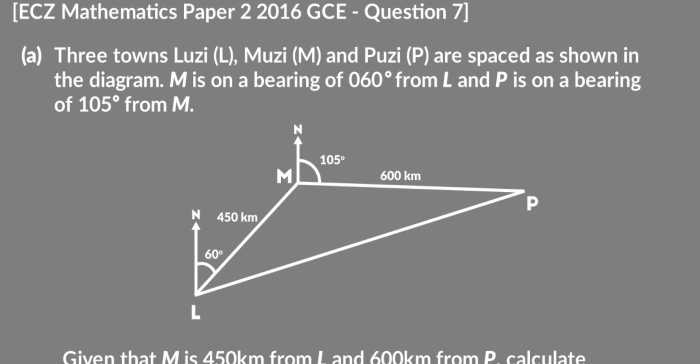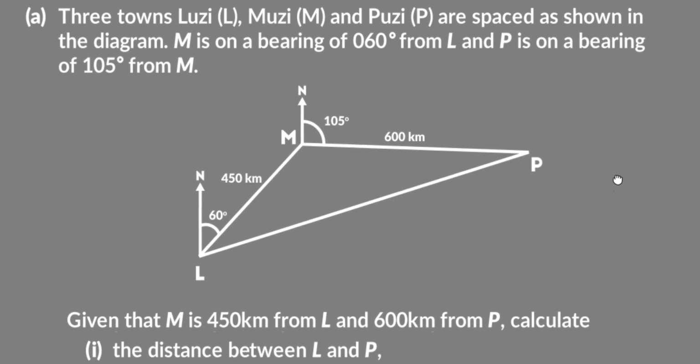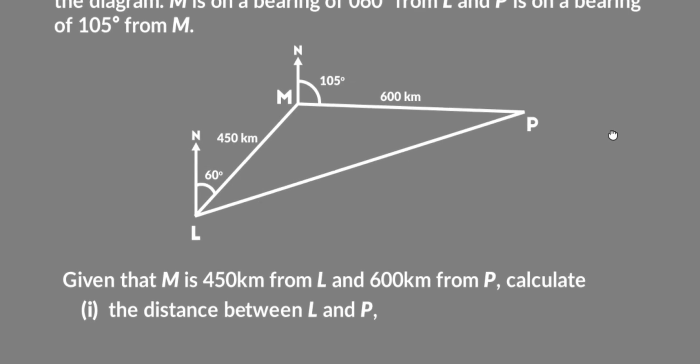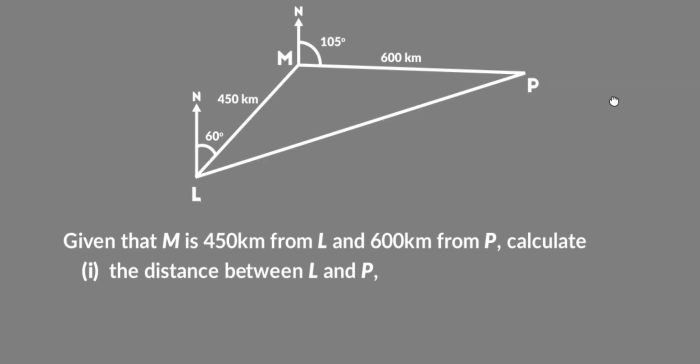We've been given that M is 450 kilometers from L and 600 kilometers from P. Then we've been asked to calculate some distances, obviously. The first distance we're calculating is the distance between L and P. To calculate the distance between L and P, we must find the angle here at M. And how are we going to do that?